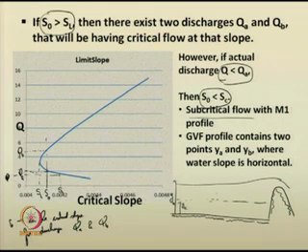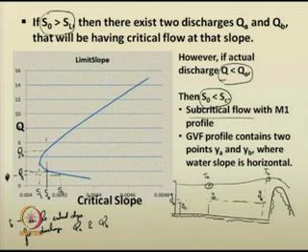In that case, there exist 2 points on the profile, TA and TB. Why we are mentioning such 2 points is that the corresponding depths will be yA and yB.